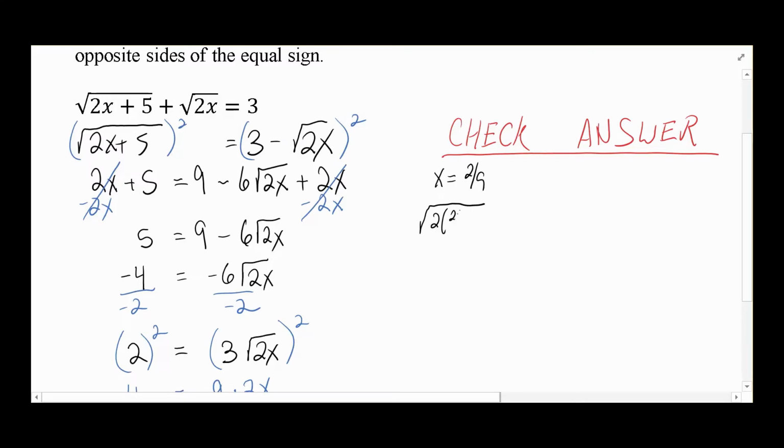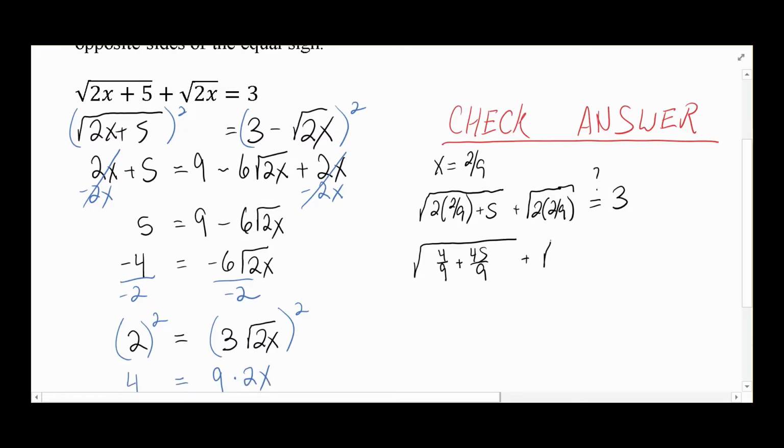So 2 times 2/9 plus 5 inside the radical plus the square root of 2 times 2/9 is supposed to equal 3. So we have the square root of 4/9 plus 5, and instead of 5 I'm writing 45/9 because I know I need a common denominator, plus the square root of 4/9 is supposed to equal 3.